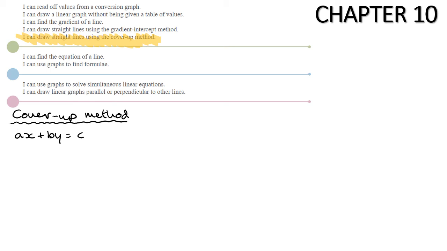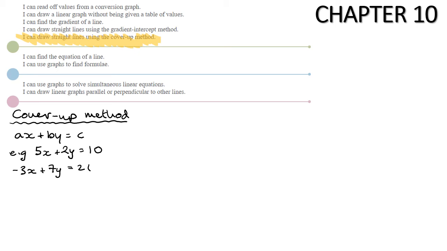What does that mean? a, b and c can be any number. So they will look something like this. 5x plus 2y equals 10. Or negative 3x plus 7y equals 21.